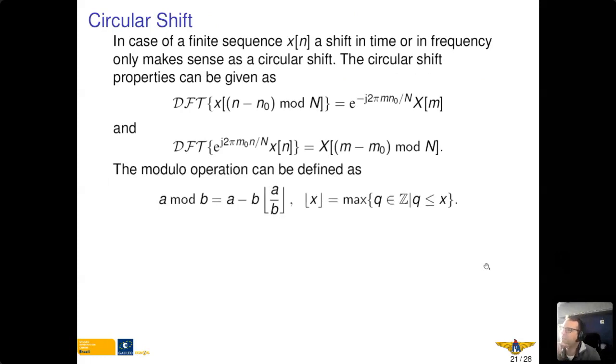The modulo operator can be defined as: a modulo b is a minus b times the floor of a divided by b, where this operator with these incomplete brackets is a rounding operator. It is equivalent to the maximum of q, where q is an element of Z, the integer numbers including the negative numbers, and q is smaller or equal to x.